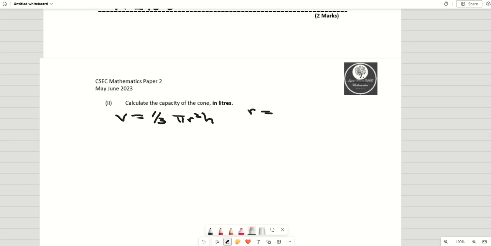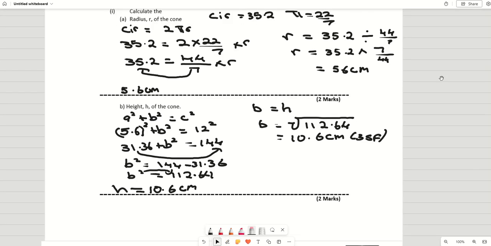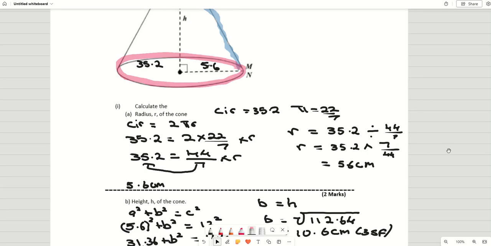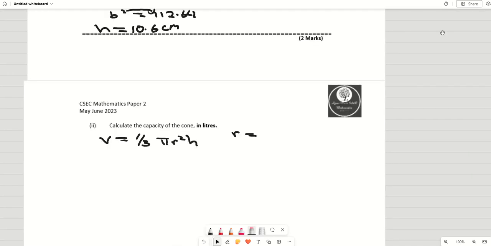It is of this cone right here, right? So radius was not 12, radius was 5.6, that's what we calculated. The height was what we calculated, which was 10.6. Pi is equal to 22 over 7. We just put that.